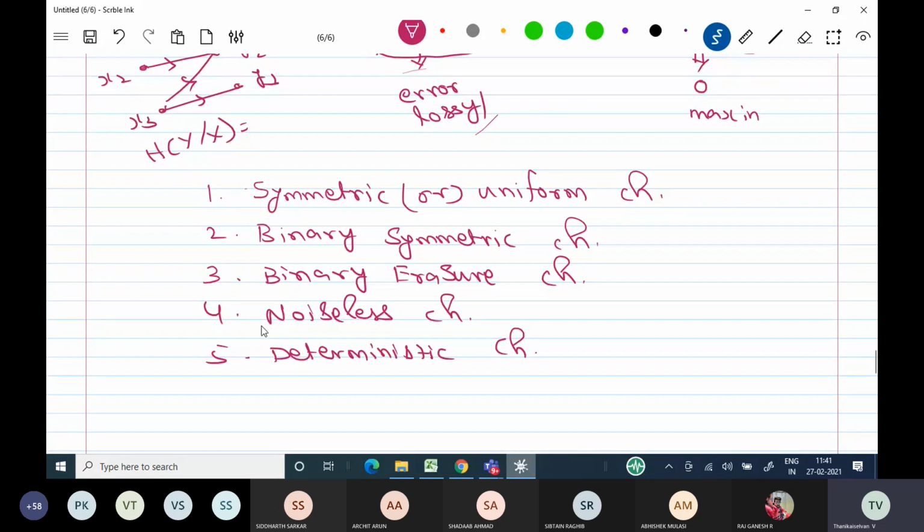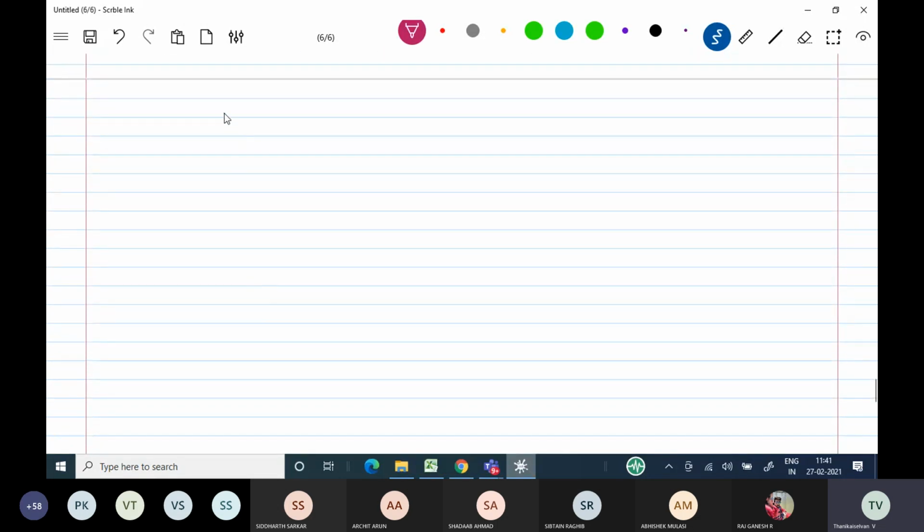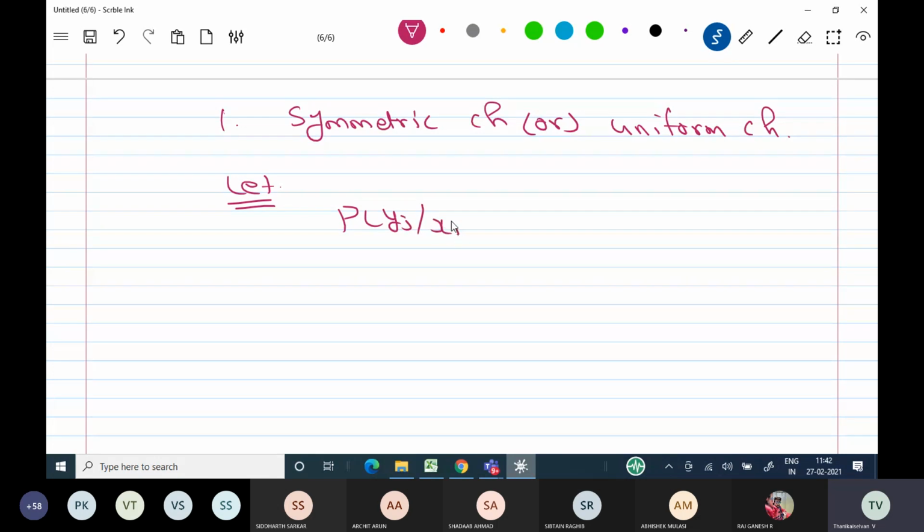These are the channels we are going to study one by one, and we are going to calculate the channel capacity for them. Symmetric or uniform channel: let the probability of Yj given Xi be equal to 1/2, 1/3, 1/6; 1/3, 1/6, 1/2.